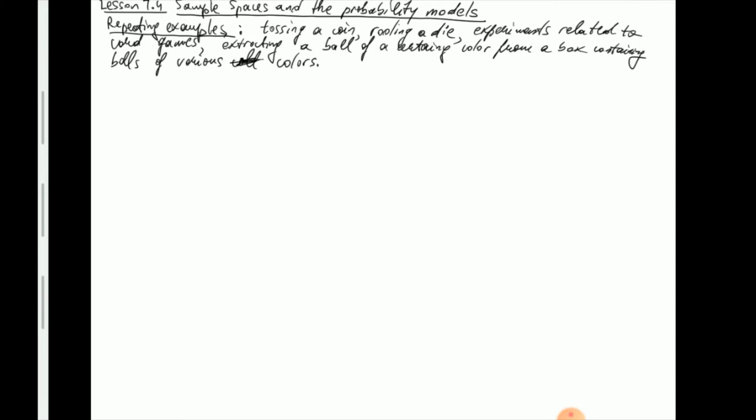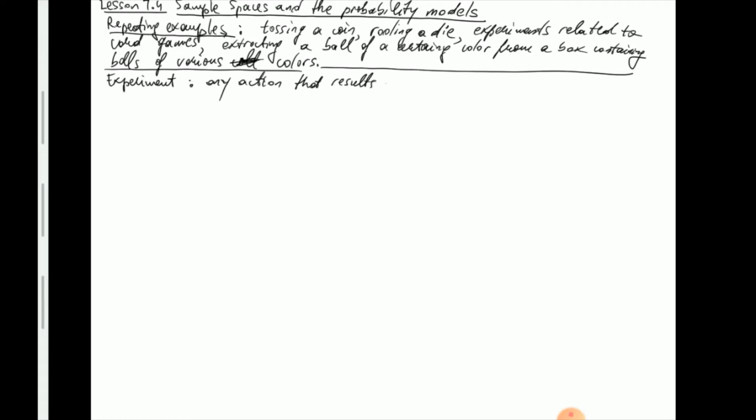Okay, so let's see first of all what we mean, as the title says, by a sample space. So the whole story of probability theory starts with an experiment. So you have at the beginning of everything a so-called experiment, which can be any action, if you want, that results in a number of outcomes.